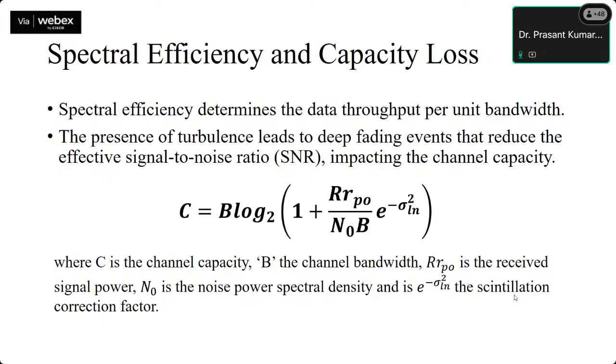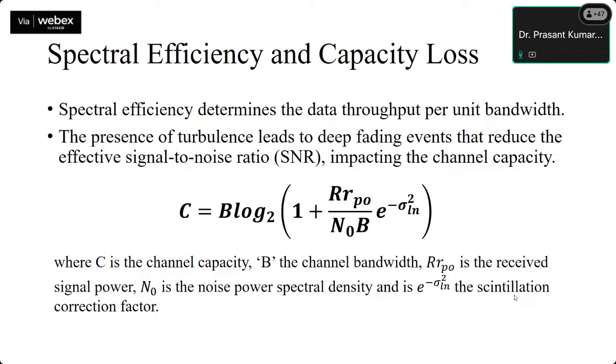So this data throughput per unit bandwidth, which is expressed as bits per second per hertz, is defined as the spectral efficiency. So we need to see how we can pack more information into a unit bandwidth, so that we can transmit more information over a given bandwidth. That is a requirement, and it can be best achieved using your free space link.